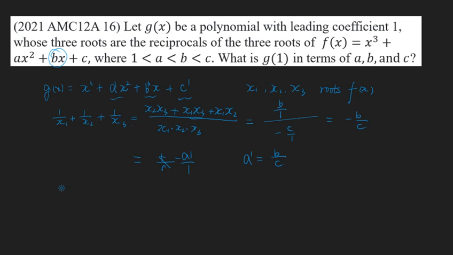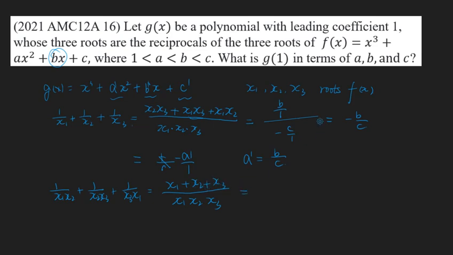Similarly, we can use the pairwise product sum to find out b prime. So 1 over x1 x2 plus 1 over x2 x3 plus 1 over x3 x1 will actually equal, let's find a common denominator similar to x1 x2 x3, and here just the sum of x1, x2, and x3.